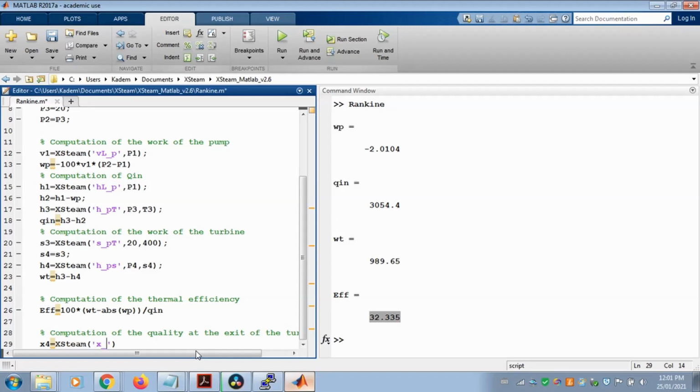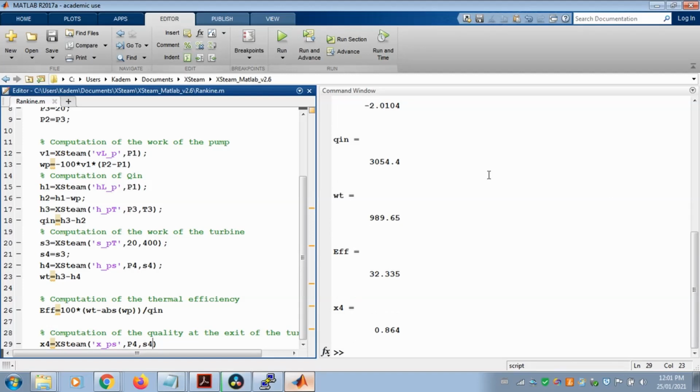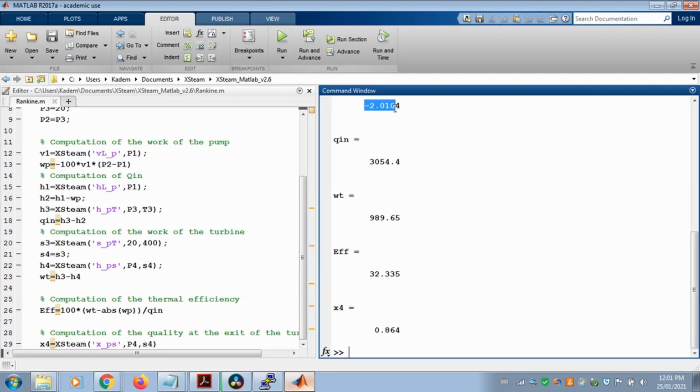We know again the pressure, P4, and we know that S4 is equal to S3, so pressure and entropy with P4 and S4, okay? And now we have everything we need, right? The work of the pump, Qn, work of the turbine, efficiency, and here is our quality, okay? So this is for the simple normal Rankine cycle.